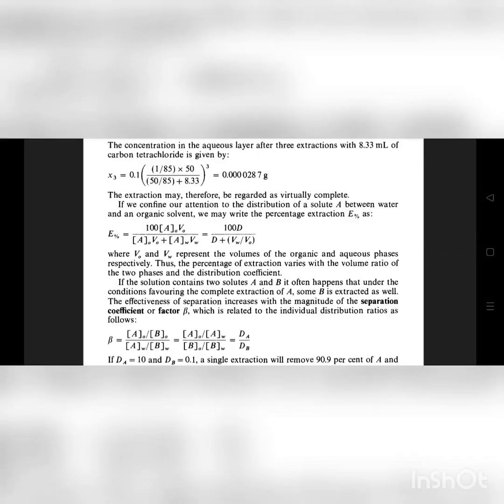In the first case, if x1 gram of the iodine remains in the 50 ml of water, the concentration is x1/50 gram per ml, and the concentration in the carbon tetrachloride layer will be (0.1 - x1)/25 gram per ml.